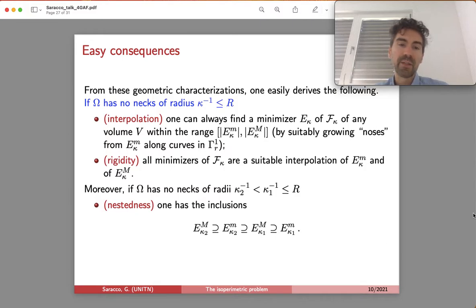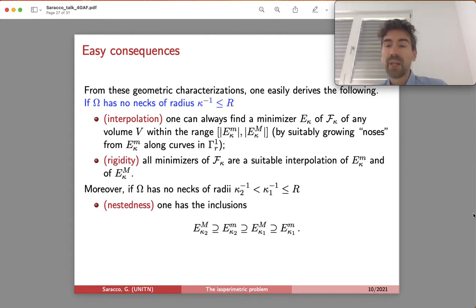And then we have some nestedness properties. Suppose omega satisfies the assumptions of the theorem for two different radii, okay? Well, then we have the set inclusions: the maximal minimizer corresponding to the greater curvature obviously contains the minimal minimizer corresponding to the same curvature.